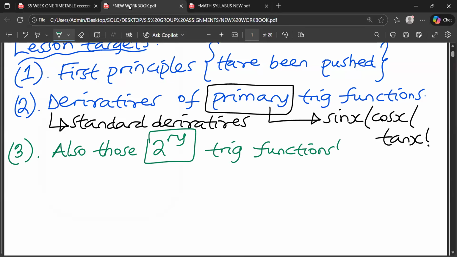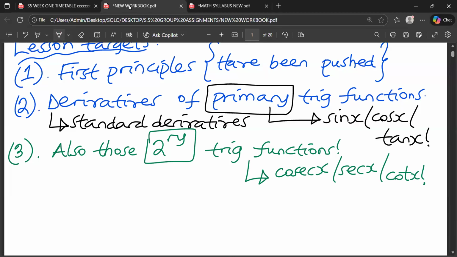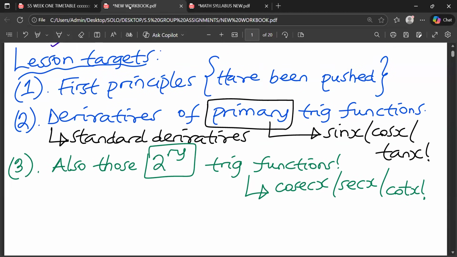And the secondary trig functions, I told you they are the cosec from sine, sec from cos, then the cot from tan. Those ones. So they are called standard derivatives because they're even written somewhere. And I'm going to show you where that somewhere is at.